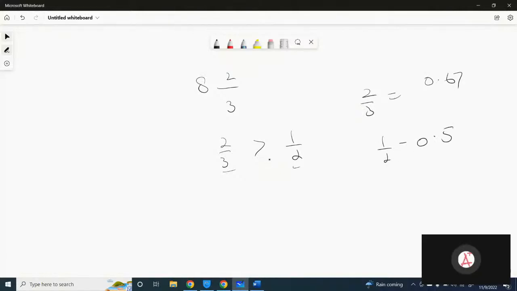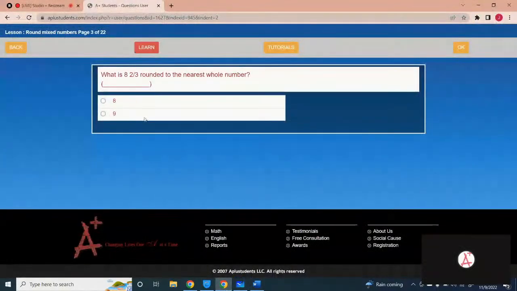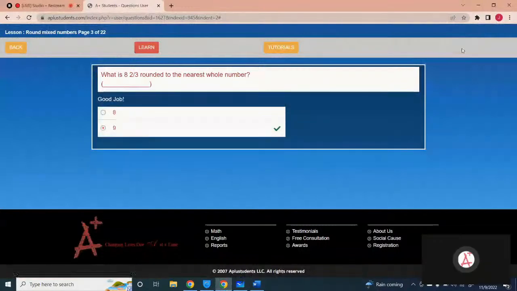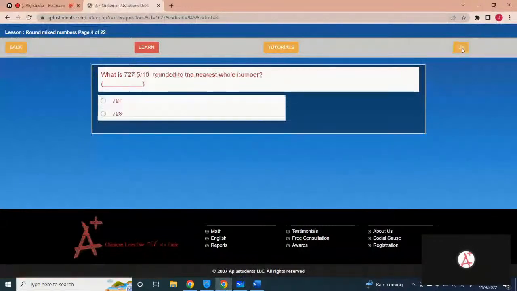So it would be rounded off to 8 plus 1, 9. Got it? Just select the correct option and then click on the OK button. Yes, very good. It is rounded off to 9.